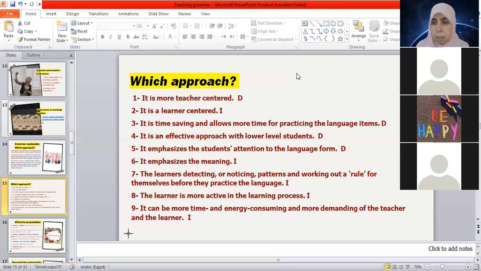So the presentation of grammar in your syllabus or curriculum uses the inductive approach to teaching grammar. Yes, because it depends a lot on teaching through reading texts and through pictures. Students look at some pictures and try to get the difference between the two pictures.